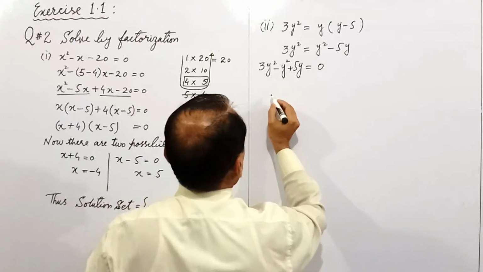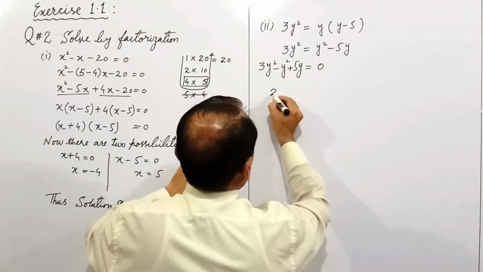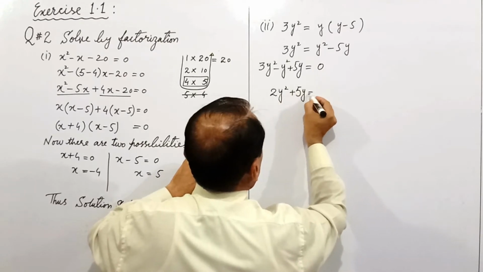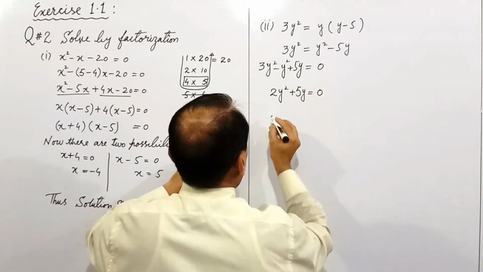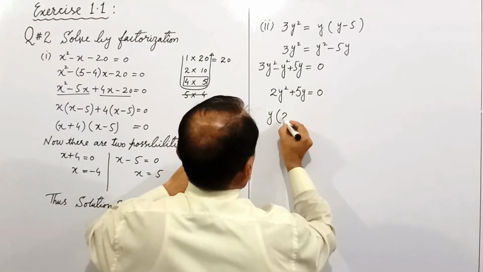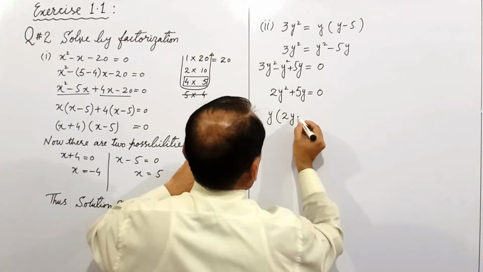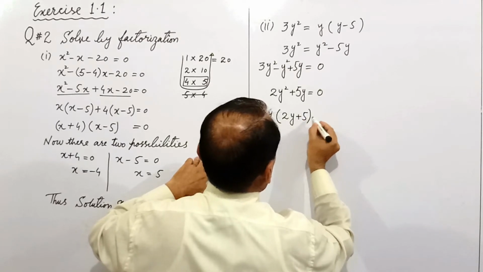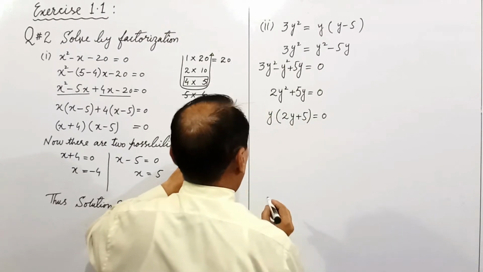3y square minus y square, we have 2y square plus 5y is equal to 0. Now we take y common, 2y in the first term, and in the second term 5 is left, equal to 0.